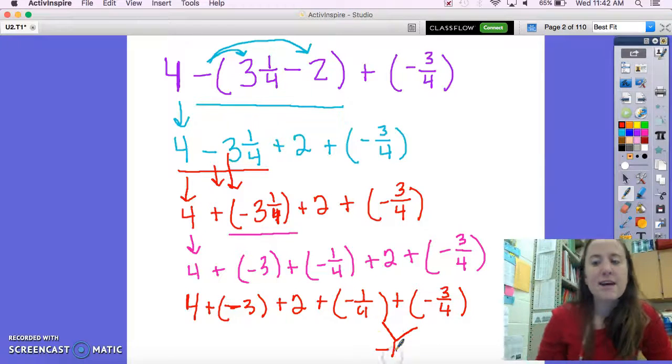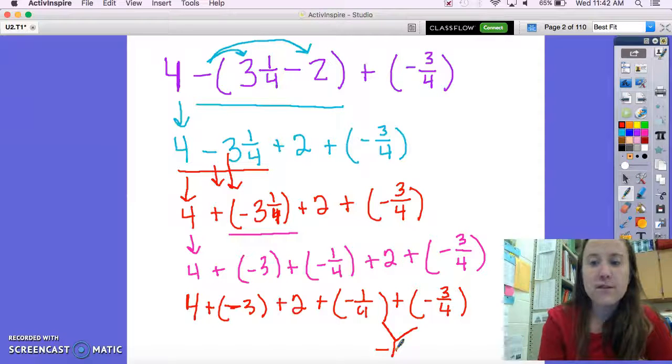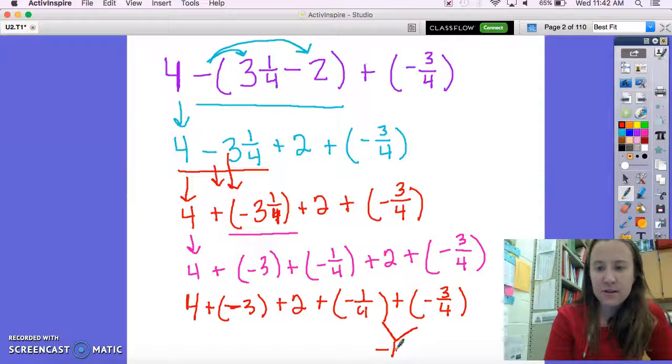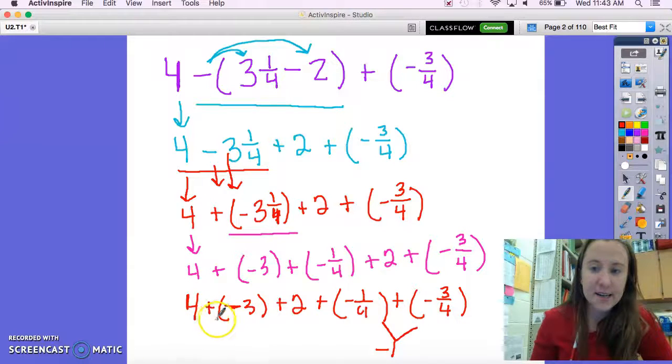So that brings us to that rule of adding integers when they're both negative. So remember, we add the numbers together and we keep the sign. So a fourth plus 3/4 is 1. They were both negative, so it's -1. I'm going to use my other rule over here, 4 plus -3. When I'm adding integers and they're different signs, so one is positive and one's negative, I subtract the numbers.